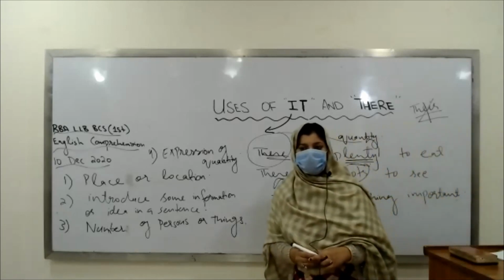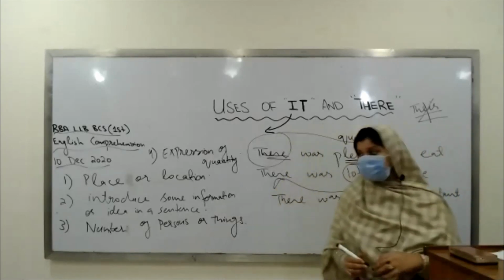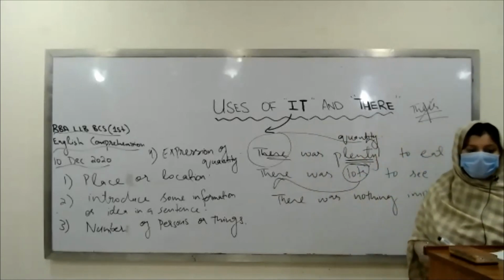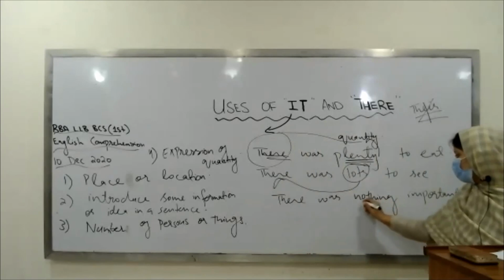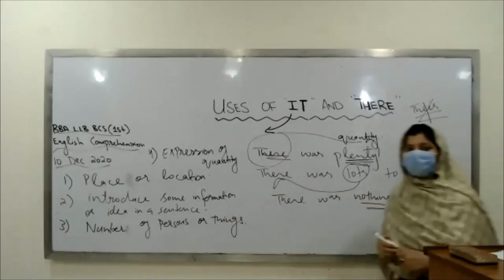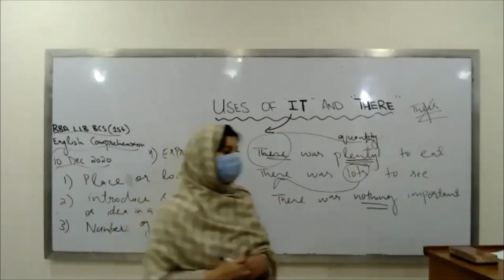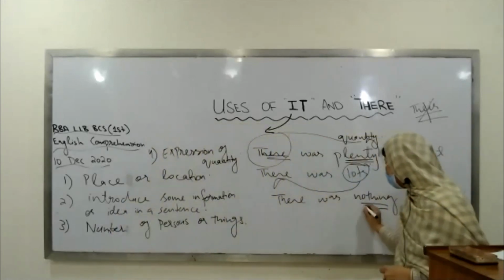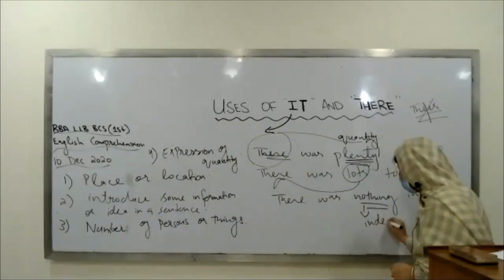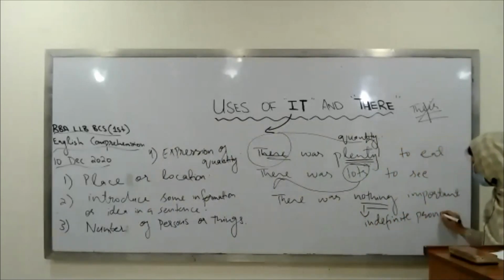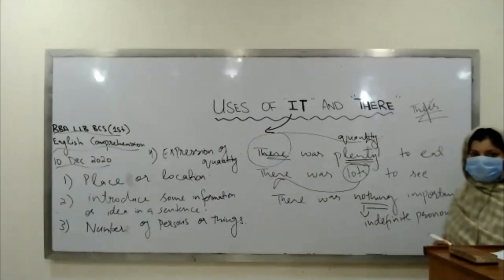Yes, sir, बिल्कुल. There was nothing important. Again, it has been used for that word when you are not clear about something, when you are not sure about something. तो ये वो indefinite pronoun है. ठीक है?